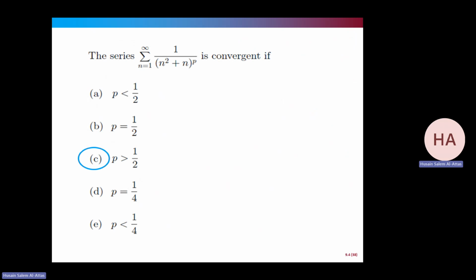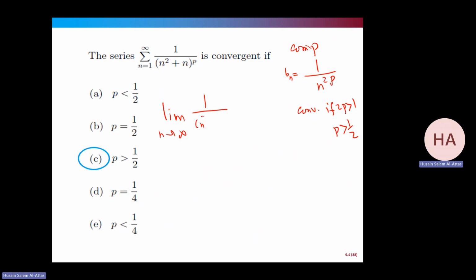You know, this one he said it converges. So I will do the comparison with what? With 1 over n to the power 2p, with this series. This is my Bn. So I do the limit test, and this one, when will it converge? This one converges if 2p is greater than 1, which means p is greater than half. So let me do the limit comparison test to be sure.